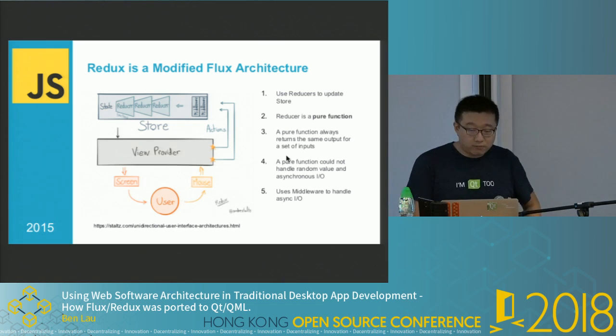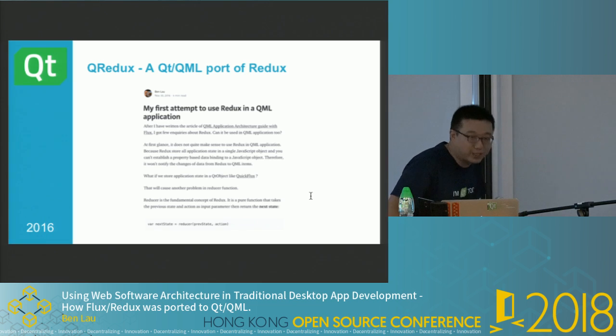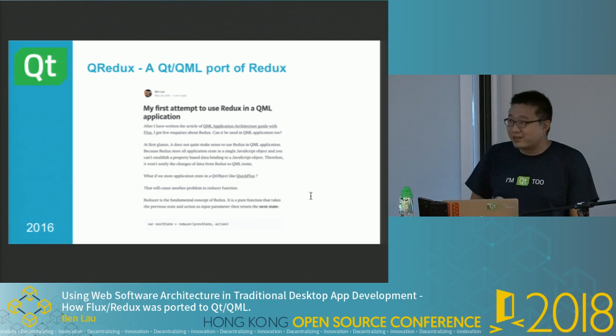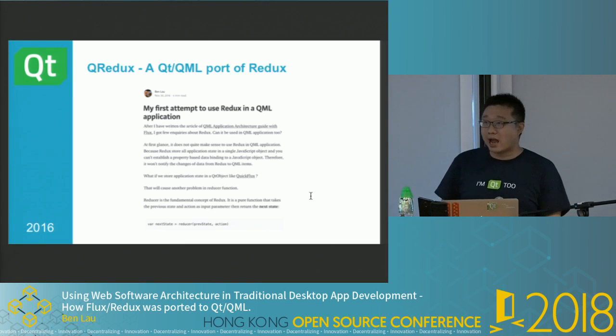And they also introduced a new component called middleware, because a pure function cannot do anything like file I/O or randomized strings. So they made a new component called the middleware to handle it specially. I tried to port it to Qt and shared my experience on that. The result is quite good because it solved another problem about asynchronous I/O.